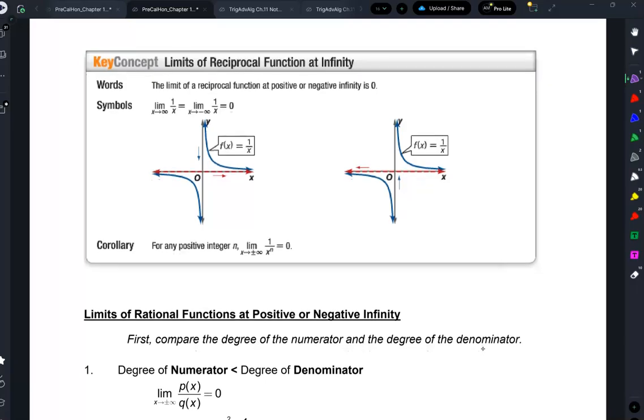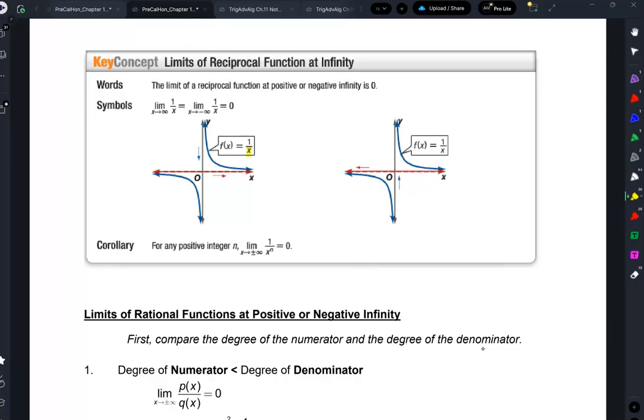Well, this one too is super easy because if you have 1 over x, as x approaches infinity, now you have 1 over a large number which will approach 0. Okay, so let's think about that again. If you have 1 pizza and you have to divide it among 1,000,000,000 people, how much pizza does each person get?